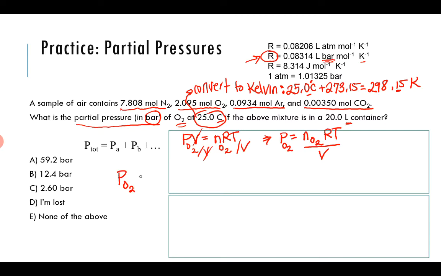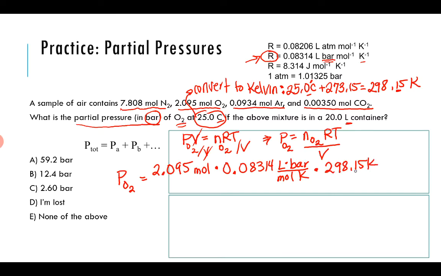Now that everything is in the right unit, I can come back around and say that my pressure due to O2 is equal to my moles of O2, which is 2.095 moles. Then I can multiply by my R, which is 0.08314 liter bar per mole Kelvin. And then I can multiply by my Kelvin temperature, which is 298.15 Kelvin.